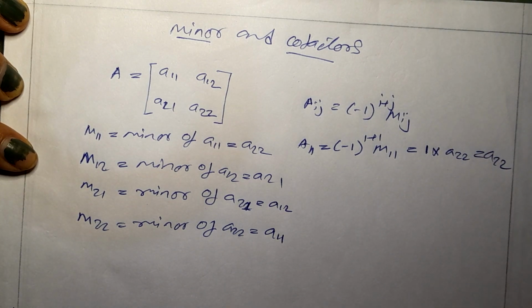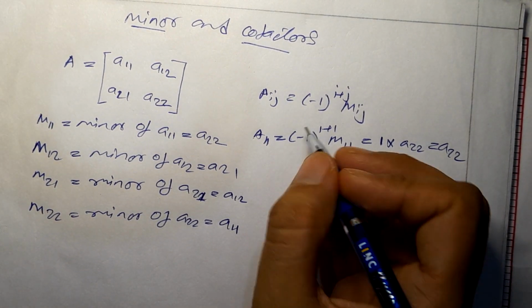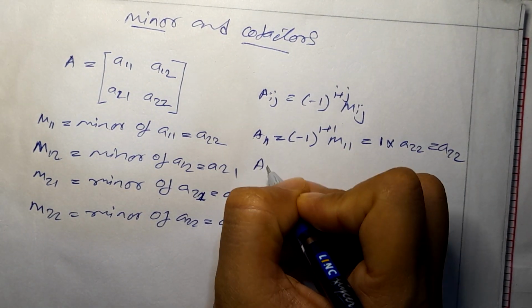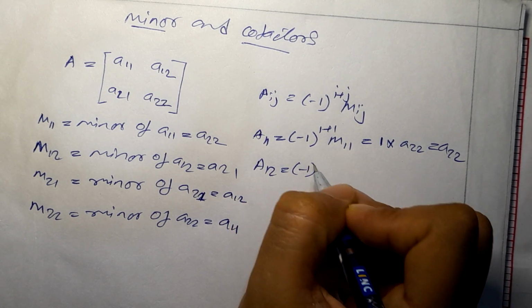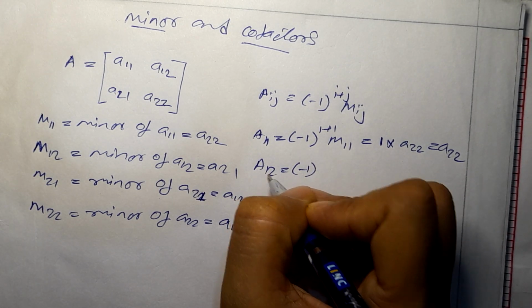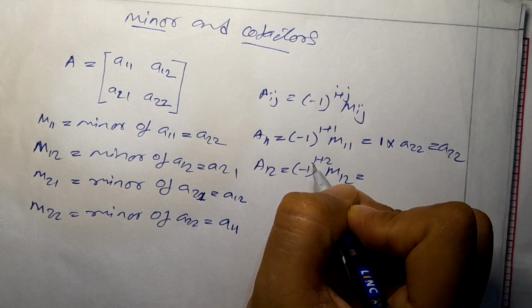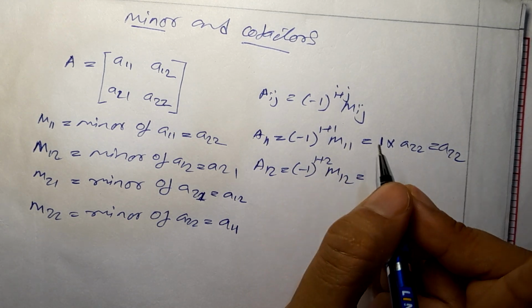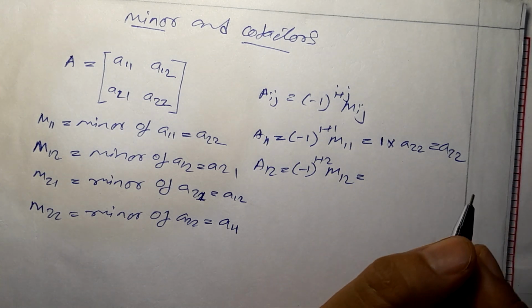So this is the cofactor. Now A12: minus 1 power, in the power it will be 1 plus 2, the row and the column, 1 plus 2, M12. This is 3. So minus 1 to the power 3 gives a negative.